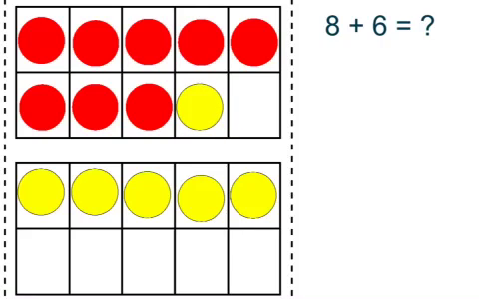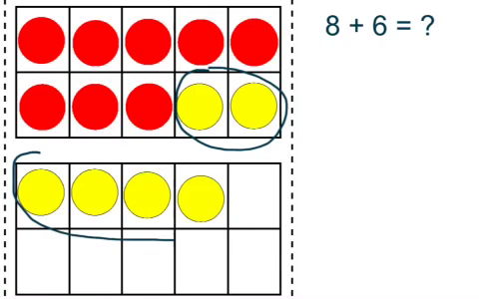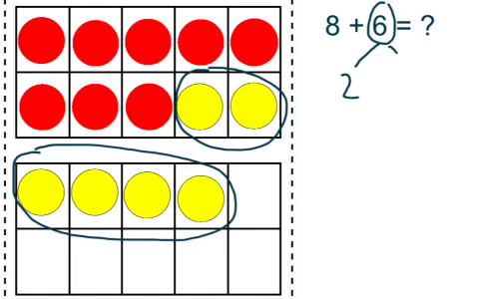Then I'll go to this counter because it's the next marker and move it into the next empty space. You can see here that I have a group of 2 yellow counters and a group of 4 yellow counters. So I decomposed the number 6 into a group of 2 and a group of 4.